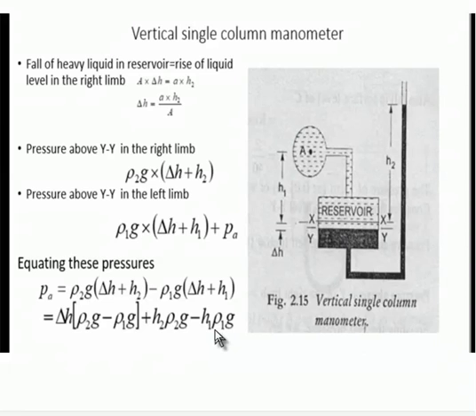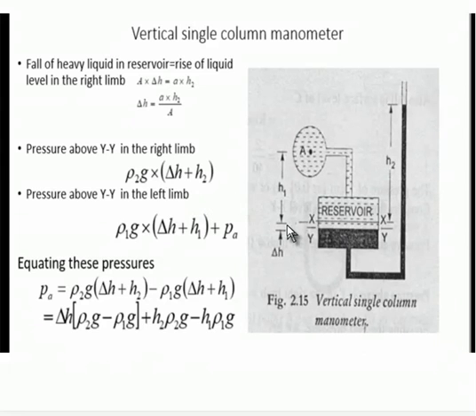This is the pressure in the vertical single column manometer. This equation is used to find the pressure using a vertical single column manometer. We have to go through this in detail.